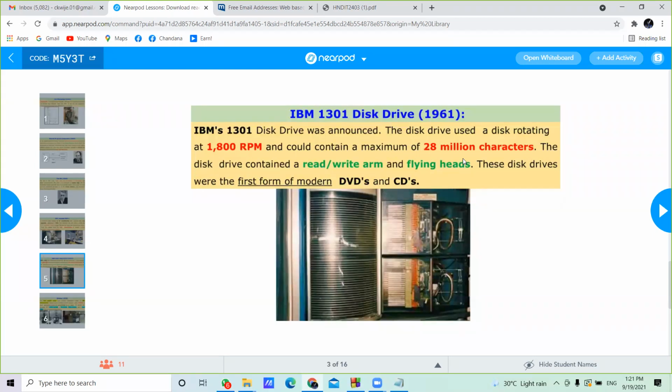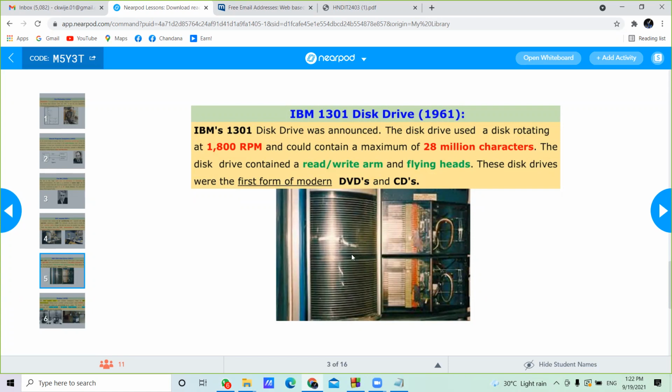This also led to the development of the DVDs and CDs we can see today, because of this IBM 1301 disk drive. We can use DVDs and CDs today. It contains a read-write arm and flight heads also.